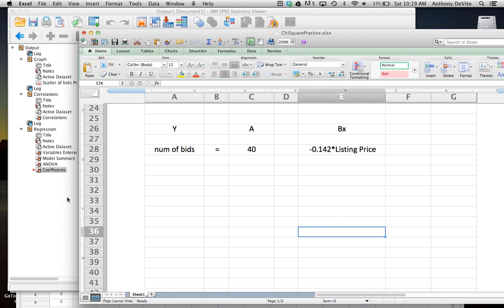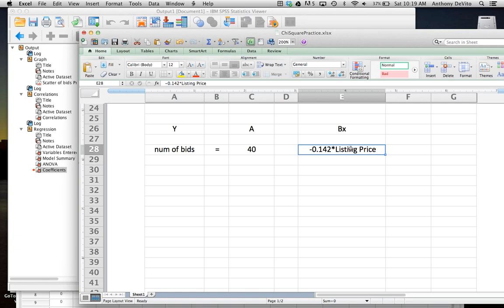Okay, so now there's a number of things that this tells us. One thing that it tells us is that for every dollar we go up in the listing price, we're subtracting 0.14 bids from the number of bids that we would expect to get.